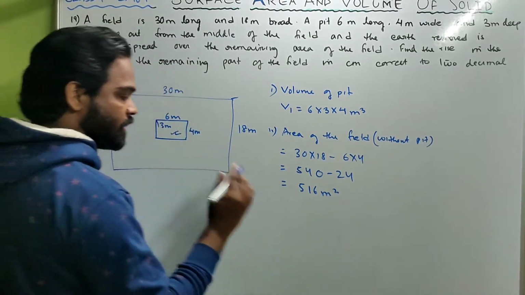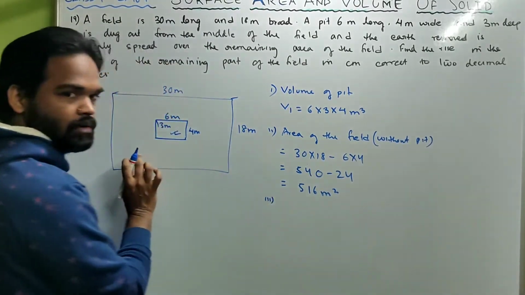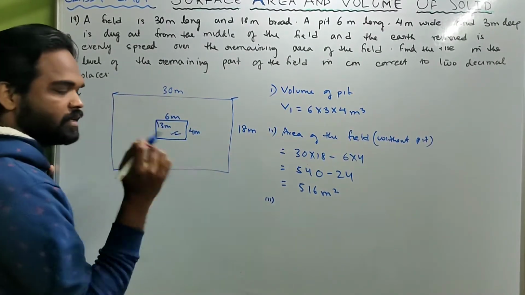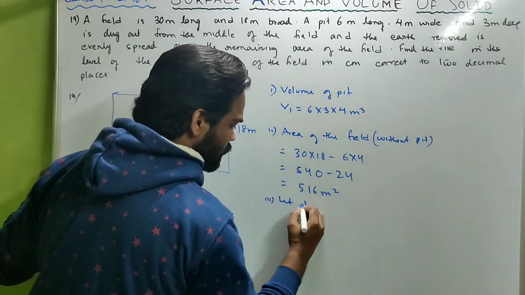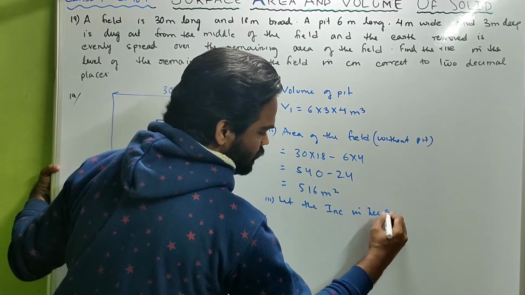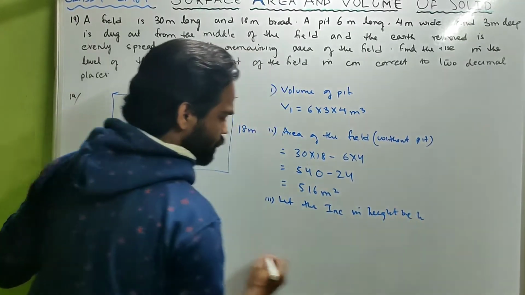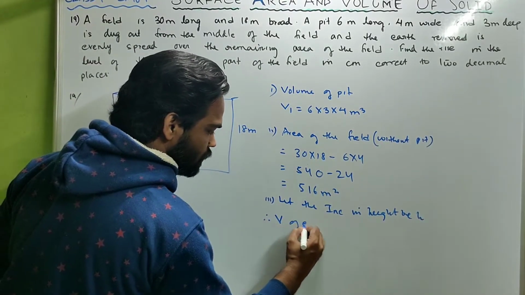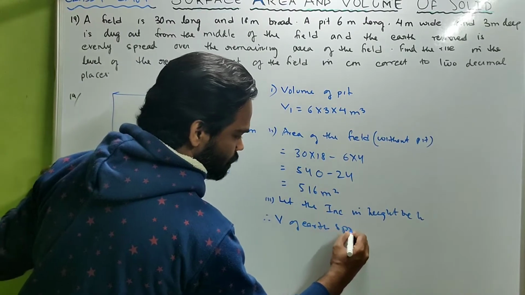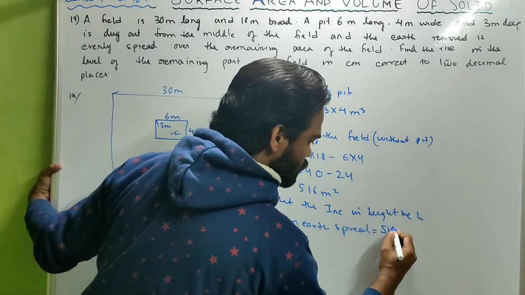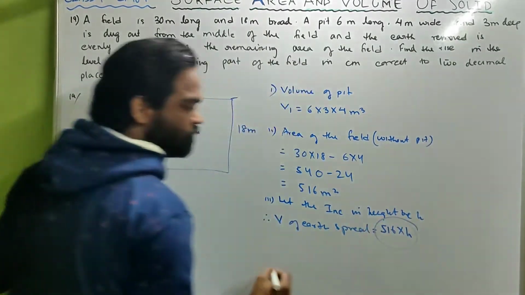Now suppose the increase in height is when the earth is put all around it, the increase in height is h. Let the increase in height be h. Then, therefore, volume of earth spread will be area of the remaining field multiplied by the height, isn't it?